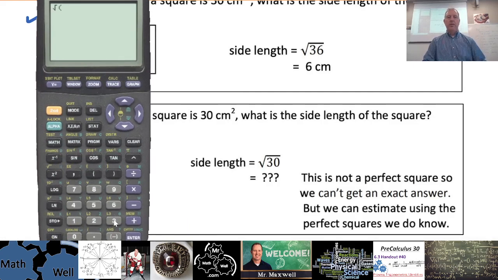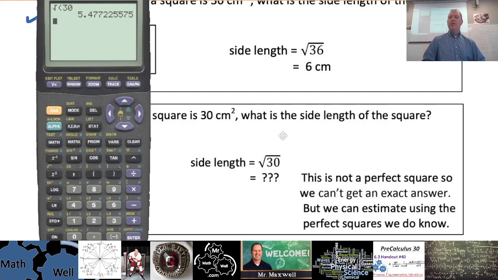The square root of 30 is this number right here, 5.477225575. There's no constant repeating parts of this. The decimal seems to be filling up the entire screen, all the decimal places that are available on this calculator. So it's non-terminating and it's non-repeating. So 30 is not a perfect square number.